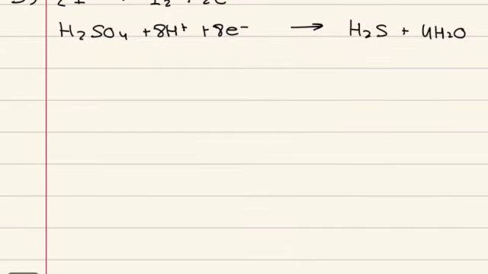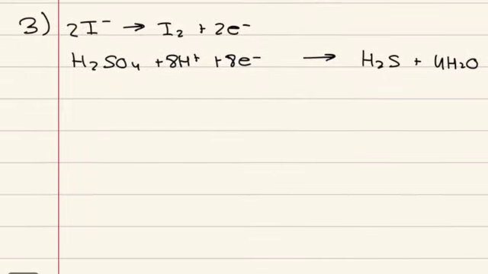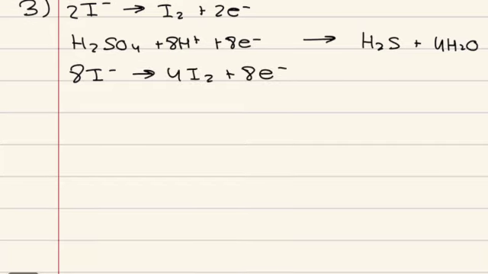And then we can't combine these equations just yet, remember. So we want to make the number of these e minuses the same as this. So we multiply everything in this equation by 4. And now we can combine it.